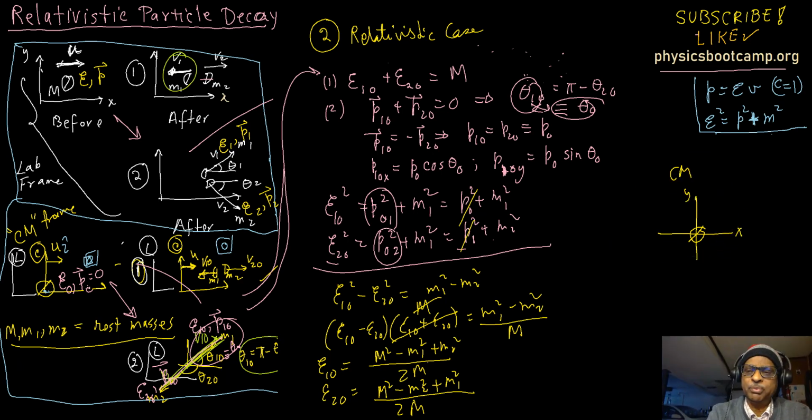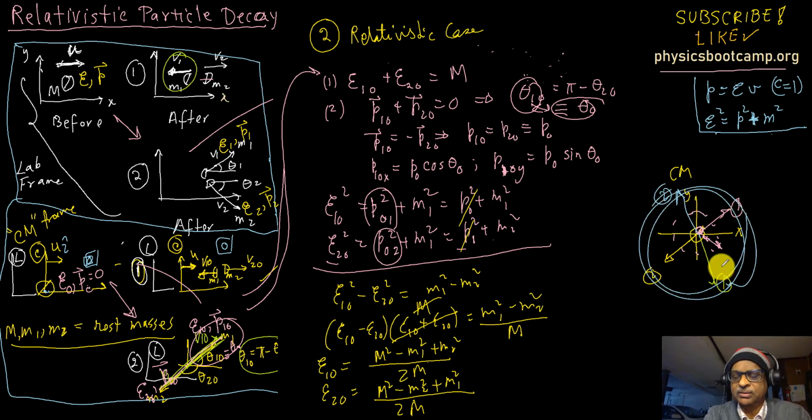So you have complete symmetry, and the two particles can come out in this direction. If one comes in that direction, then the other must come in that direction.